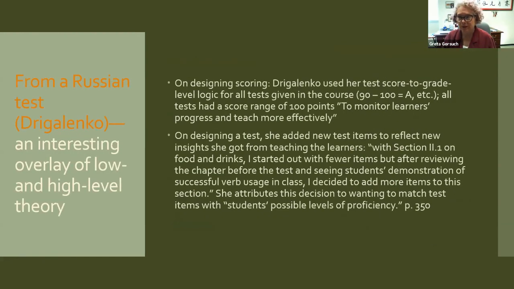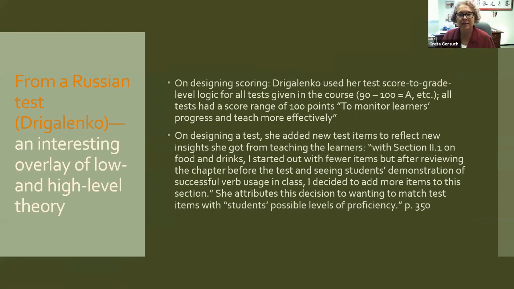And then one of the other tests on the previous slide is from Irina Drigalenko, who's a Russian as a foreign language instructor. And she has a very interesting overlay of low and high level theory. And she's very fluid between them, even though she doesn't name them as such. And I cannot imitate her beautiful, lovely Russian accent, so I'm just going to read it straight out.